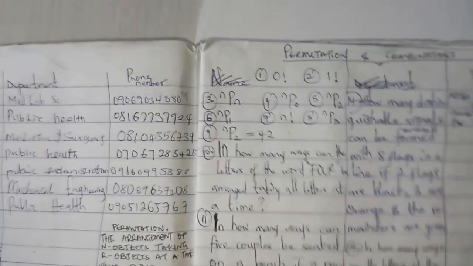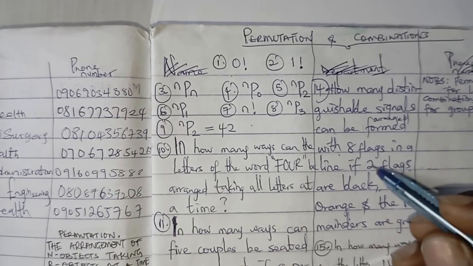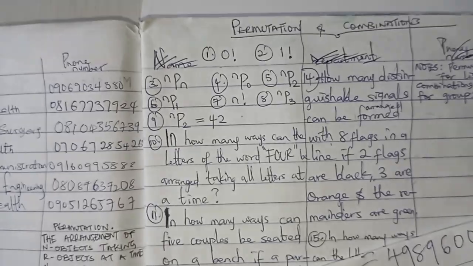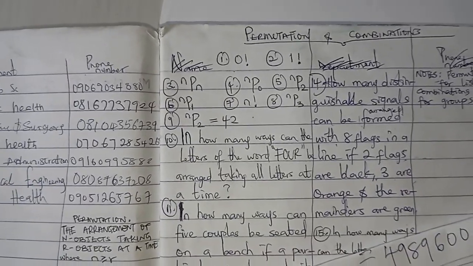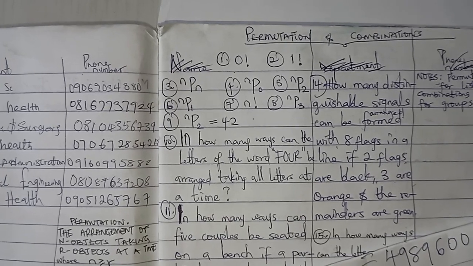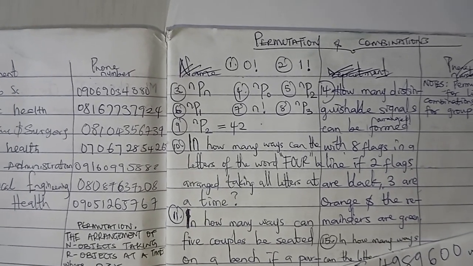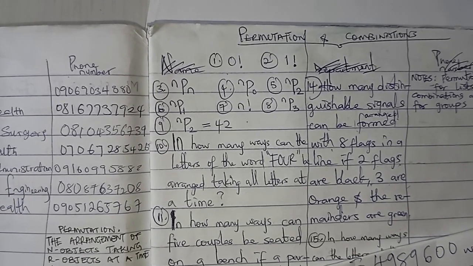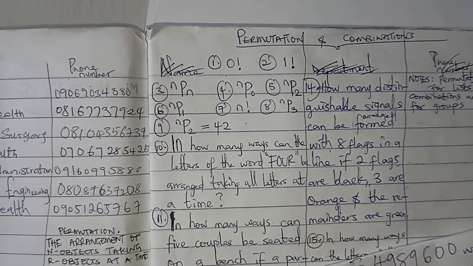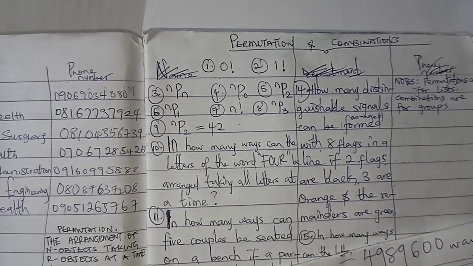So what I will simply do here is to say they want to form a signal, and the signal to be formed is from 8 flags. N is equal to 8. Now notice that my first r, r1 there, is inside this N. r is always inside N, always less than or equal to N. So r1 is 2 flags, and the 2 flags are black.